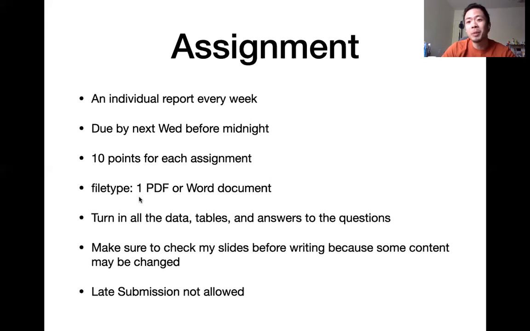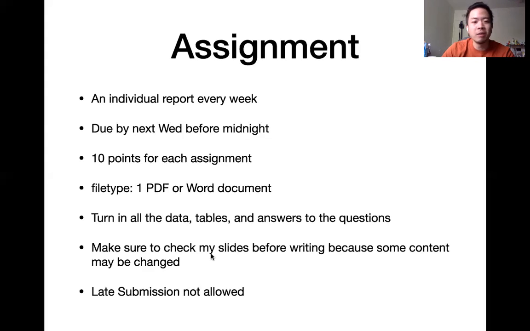I know it's sometimes hard to type that on a computer, so you can write it down on paper and take a picture of it, but make sure I can read it. Typically you need to turn in all the data tables and the answers on the lab sheet: the data collected, the analysis to process the data, and finally the answers to the discussion questions.